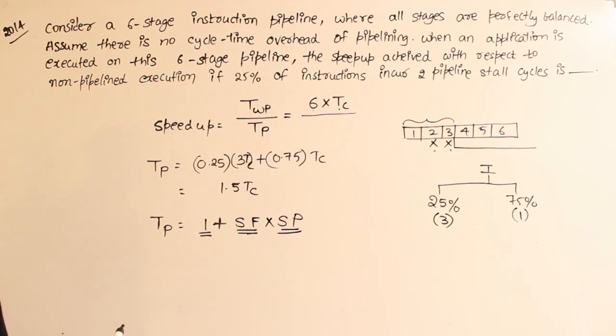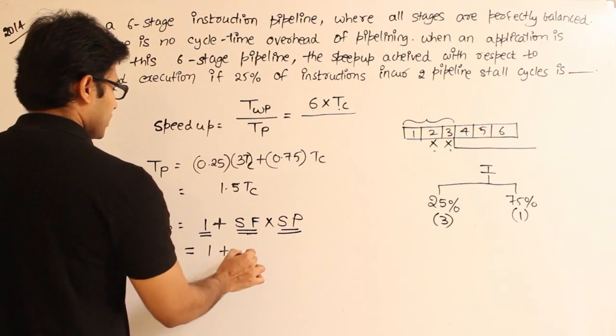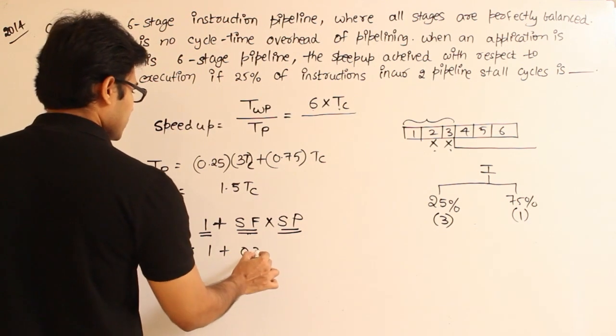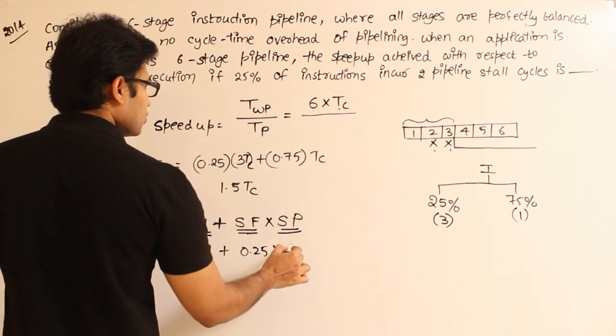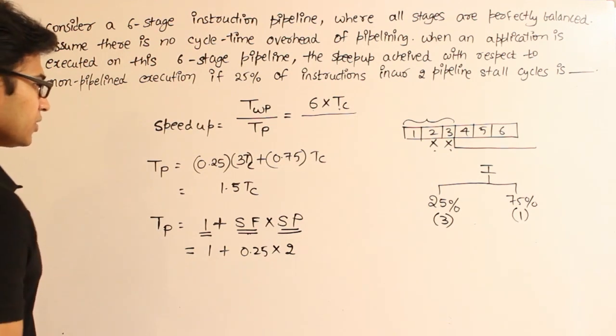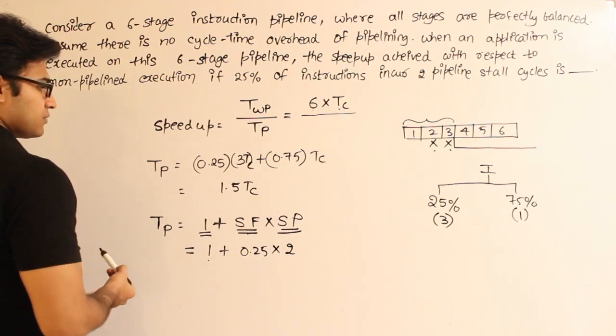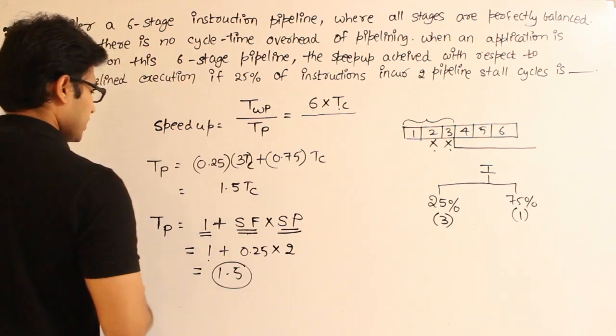So here they have mentioned that stall frequency is 25%, which means 0.25, into stall penalty of 2, right? It is not 3, it is 2, because 1 is already written here. Got it? So even if you go with that method, you get 1.5. Are you understanding this?